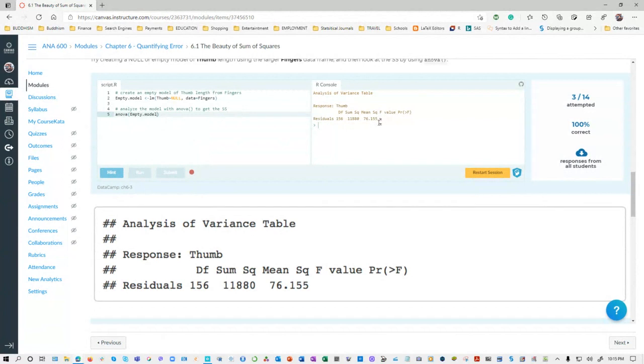That's the variance of y. If you want to check for the variance of y, I'm going to check that one. Go to fingers and check for the data set thumb length variance.